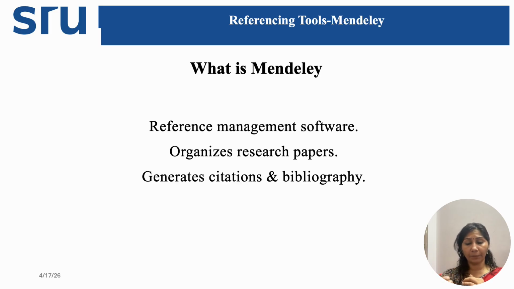If you are uploading a paper in Mendeley and all the data is not properly incorporated, for example a pre-proof or pre-print document, or a journal that doesn't provide all the data, and any data is missing, like the year, or the author name is not properly mentioned, Mendeley allows you to edit the data and save it. Whenever you are citing, a proper citation can then be provided.